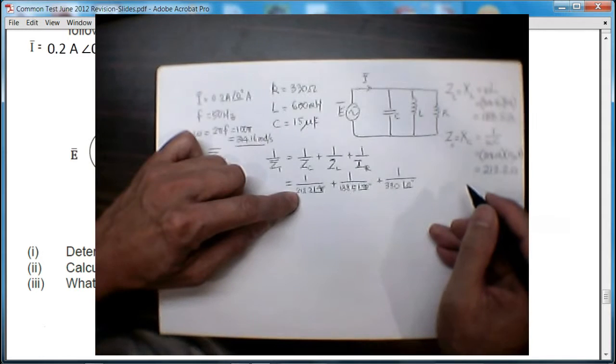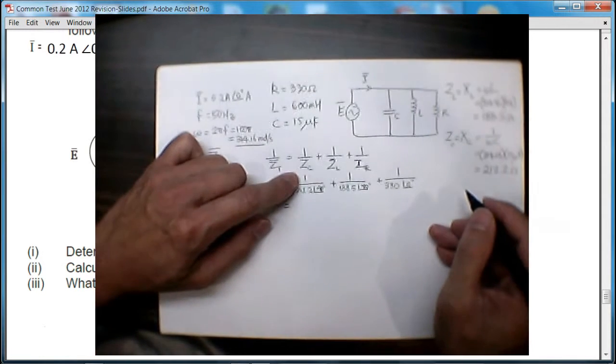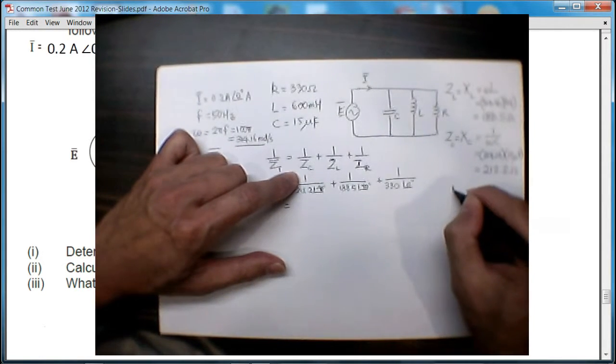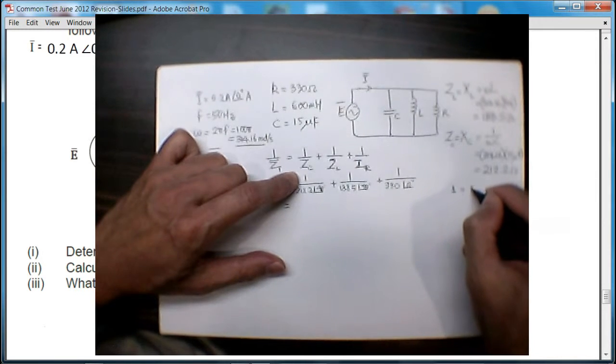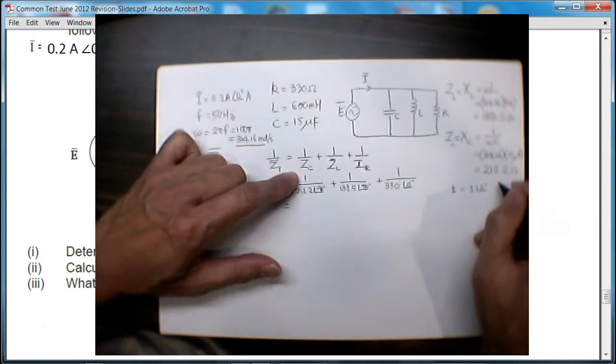So this is the phasor, 1 upon phasor. Now 1, in phasor version, is 1 at an angle of 0 degrees.